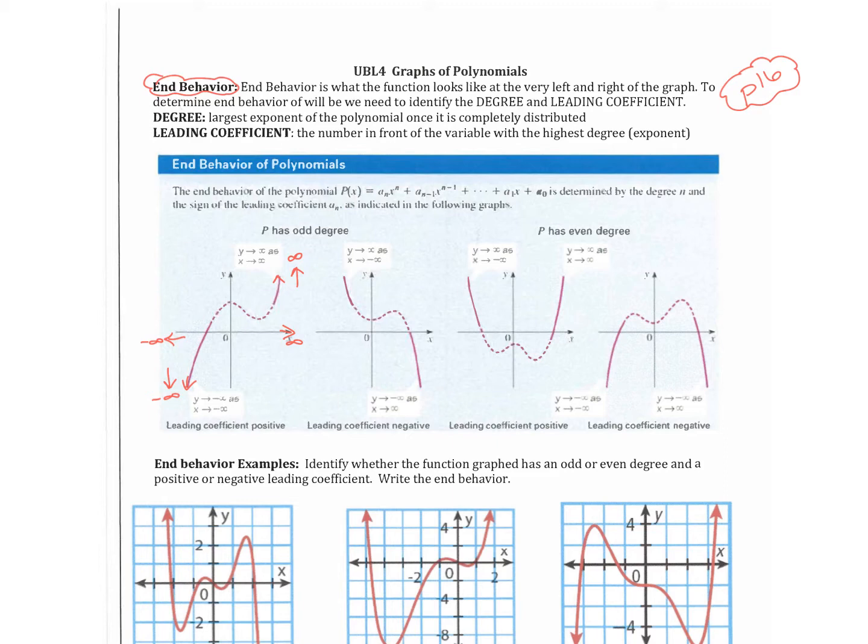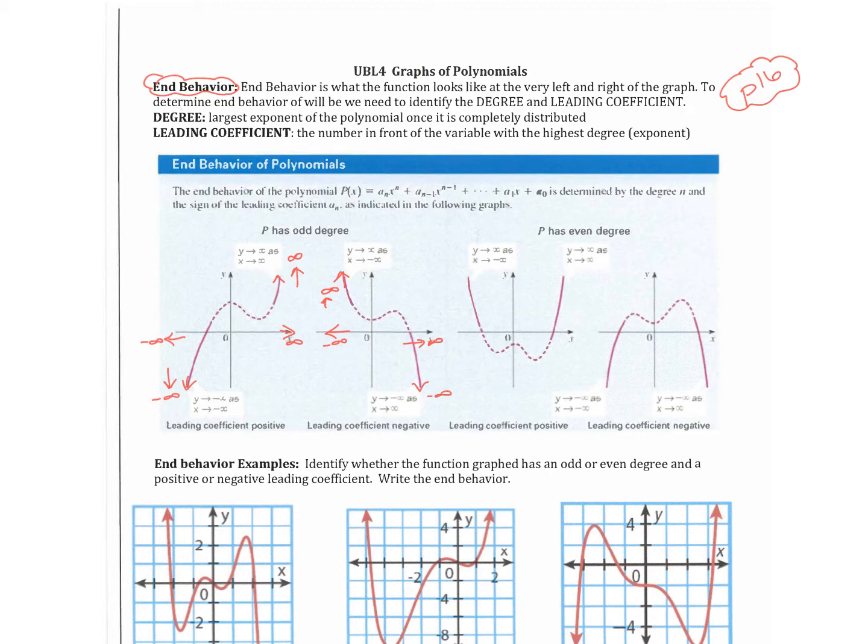Let's look at the one next to it. This one's a little different. This one, as my x values get super small, my y values are going up to infinity. And on the right side of my graph, as my x values are getting really big, my y values are going down to negative infinity. This graph is flip-flopped.